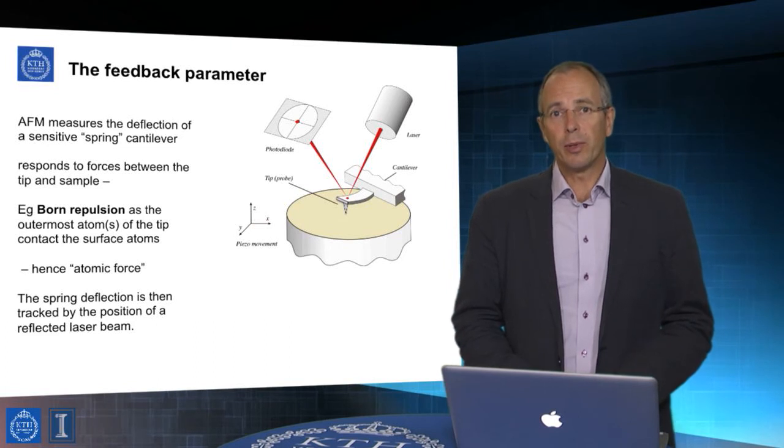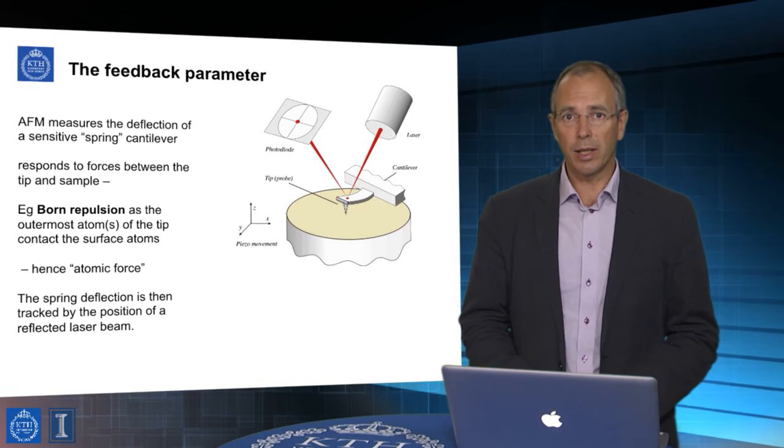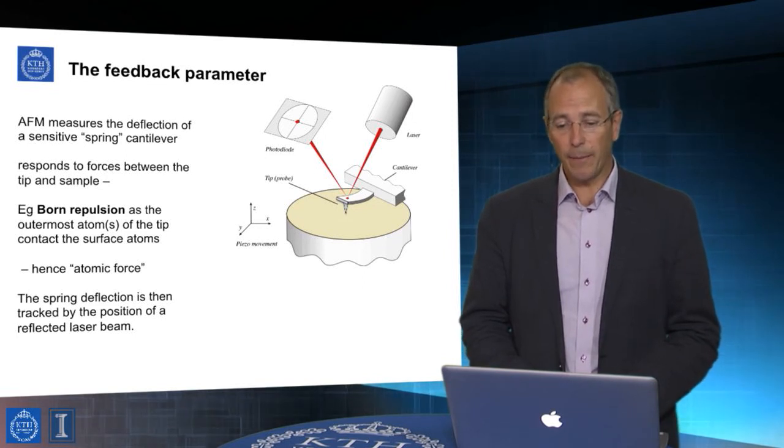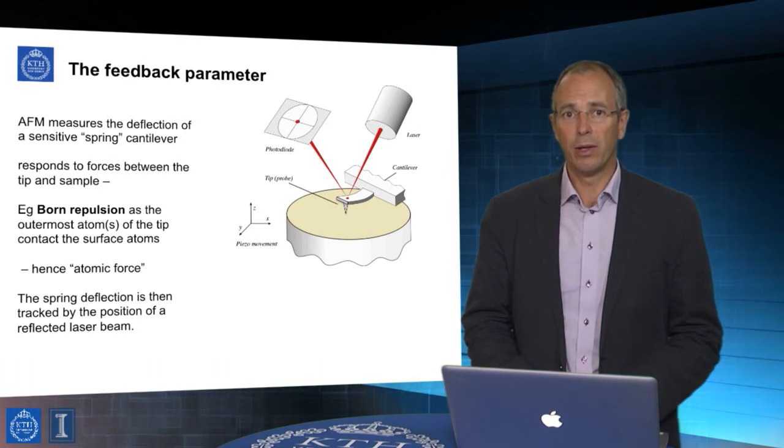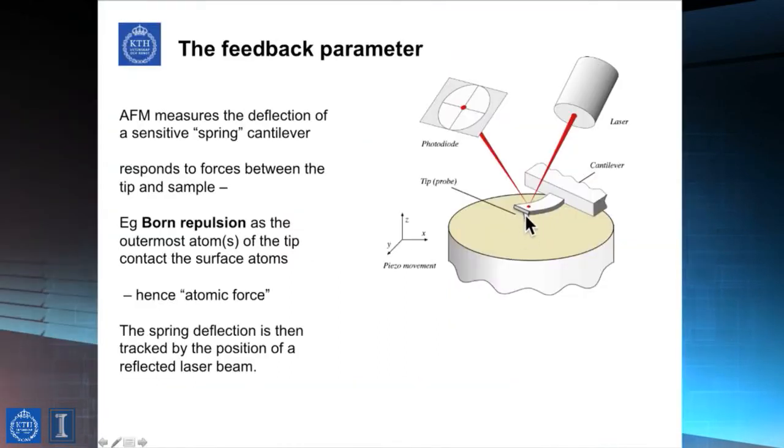In atomic force microscopy, instead of using a current, which requires obviously conducting or semiconducting materials, what we use is the force, the deflection of a spring, often known as a cantilever, to which the sharp tip is attached, which you see here.